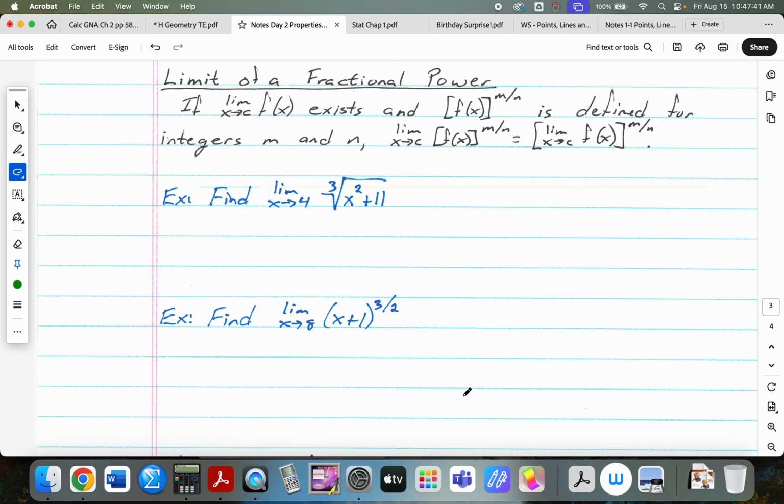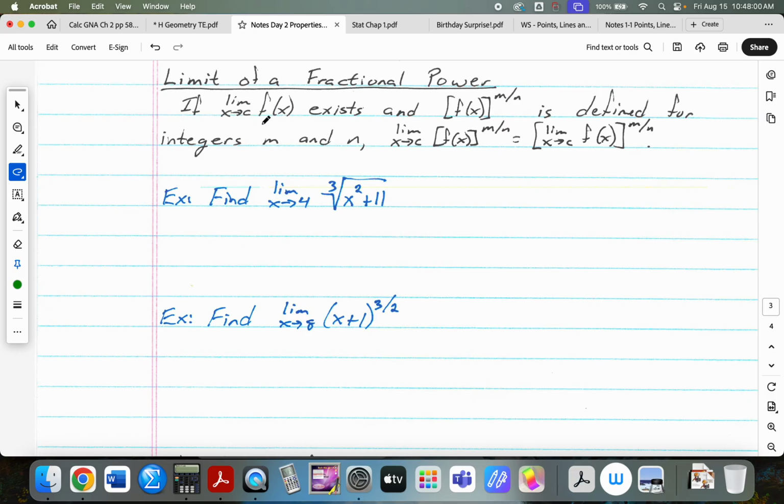What if it's a fractional power? Remember the rule we just used, it had to be an integer power, which took care of all of our polynomials. Polynomials always have integer powers on our variables, and they're always positive integers.